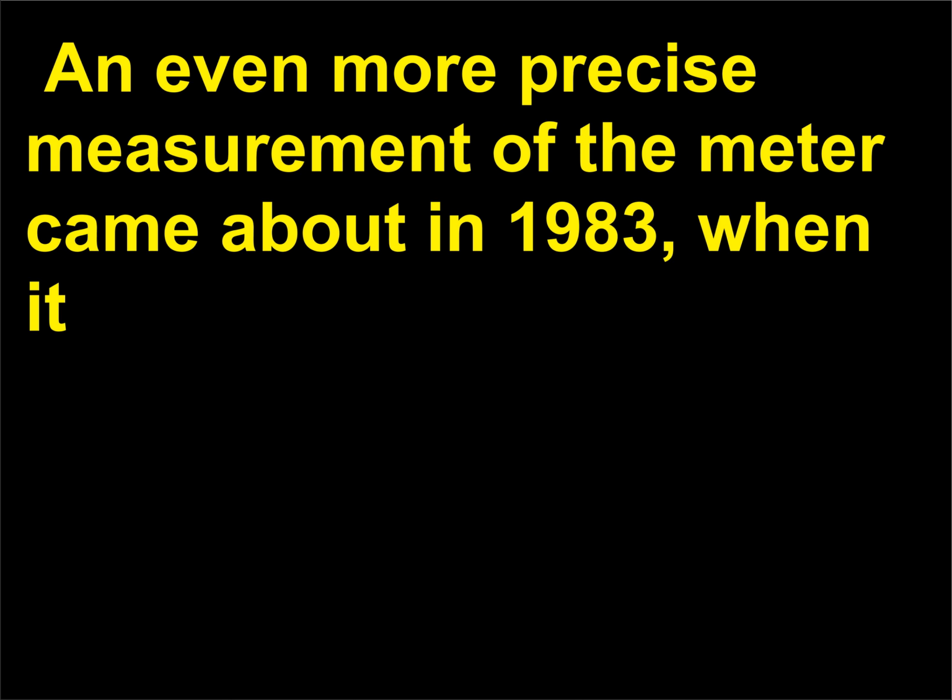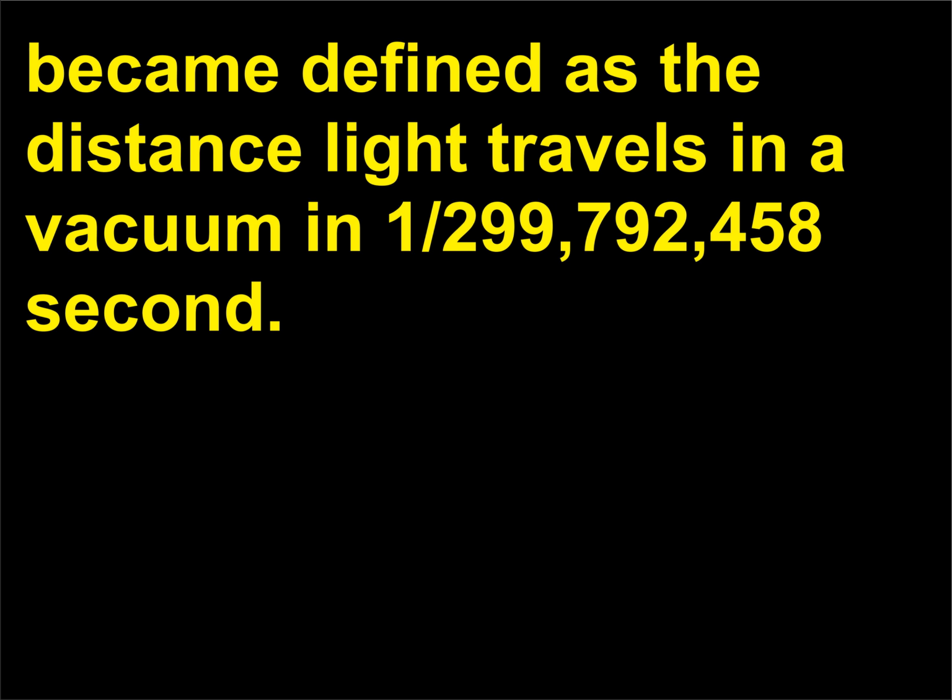An even more precise measurement of the meter came about in 1983, when it became defined as the distance light travels in a vacuum in 1/299,792,458 second. This is the currently accepted standard.